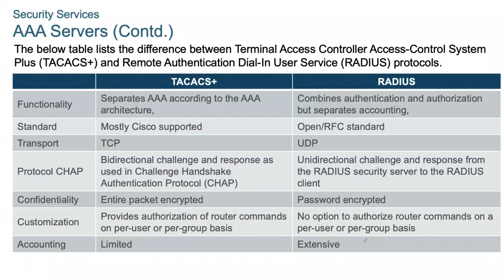Whereas for an independent study, the authorization is given to only one person. In RADIUS, there is no option to authorize the routers one-to-one or one-to-many. Whereas accounting is limited here. In TACACS, the accounting package is the extended one.